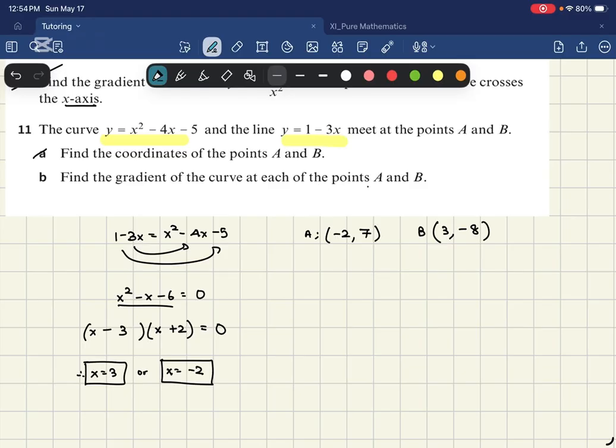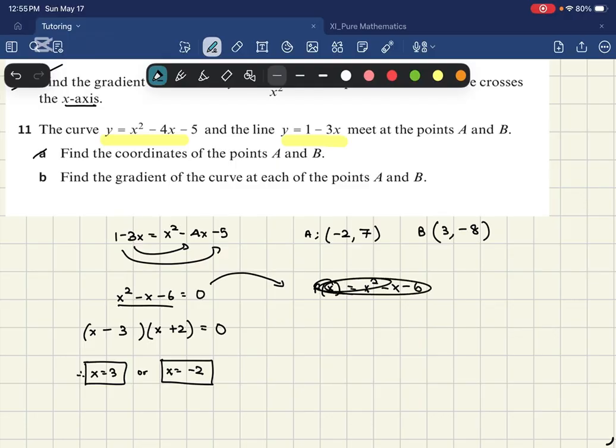Now it says find the gradient of the curve at each of the points A and B. So what we want to do is we want to use this equation. f of x is equal to x squared minus x minus 6.